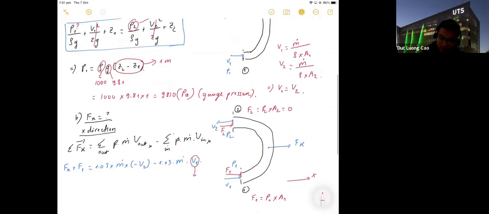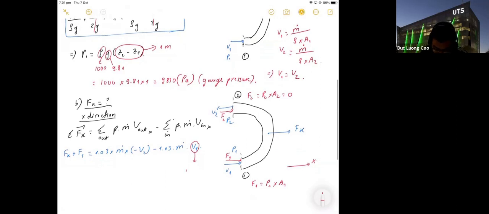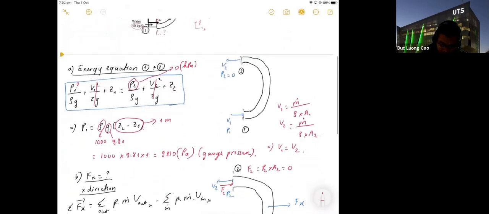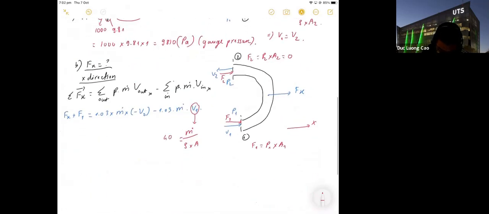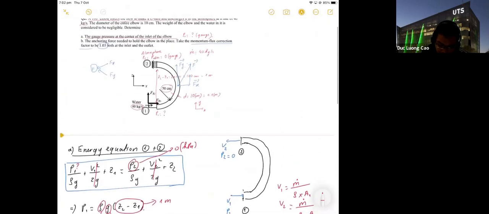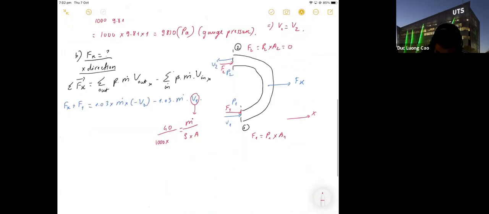With V1 here, mass flow rate divided by density times cross-section area A1. The mass flow rate you have here is 40 kilogram per second. It's 40 divided by density 1000 times area. The diameter you have here is 0.1 meter, so pi times 0.1 square over 4.